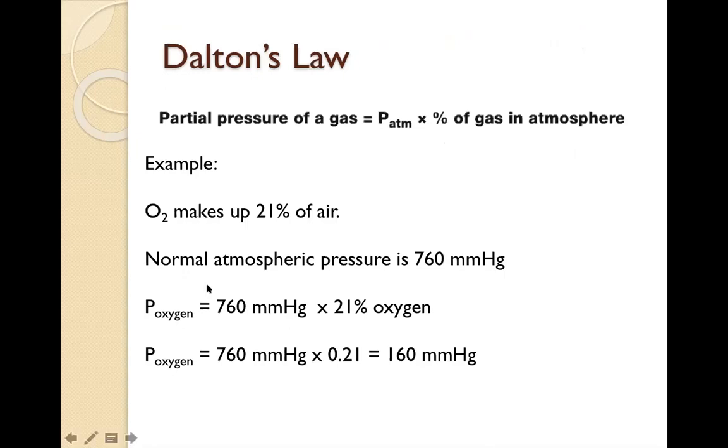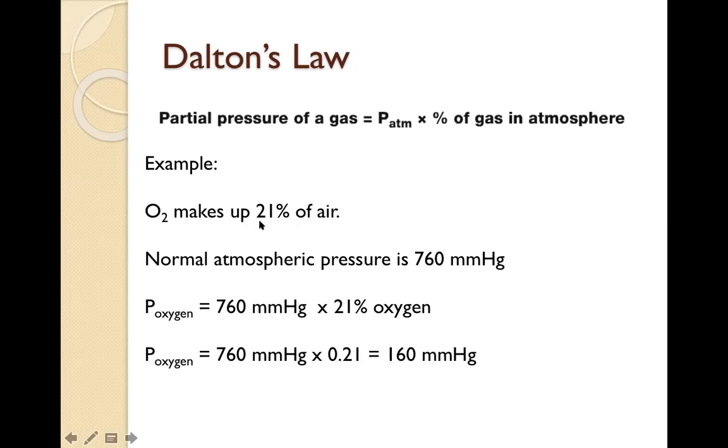If we know that air in the atmosphere is a certain pressure, and we know that a certain percentage of that air is made up by a particular gas, if we multiply the percentage of that particular gas by the total pressure of the mixture, we'll get how much pressure that gas is contributing to the overall pressure. Totally confusing. Let's do an example.